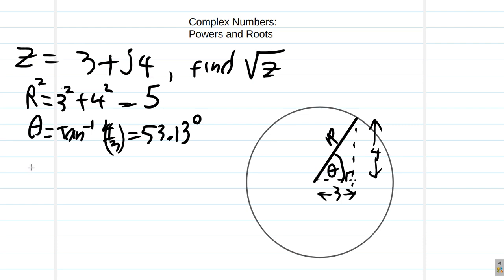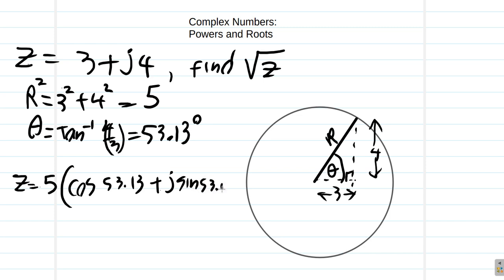Now, this complex number in polar form is 5 cos 53.13 plus j sine 53.13.